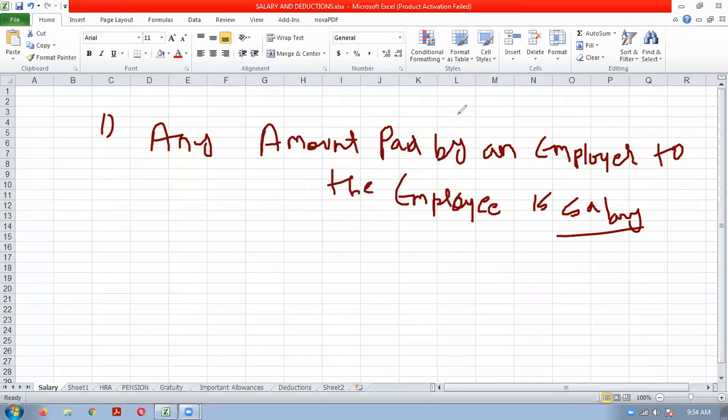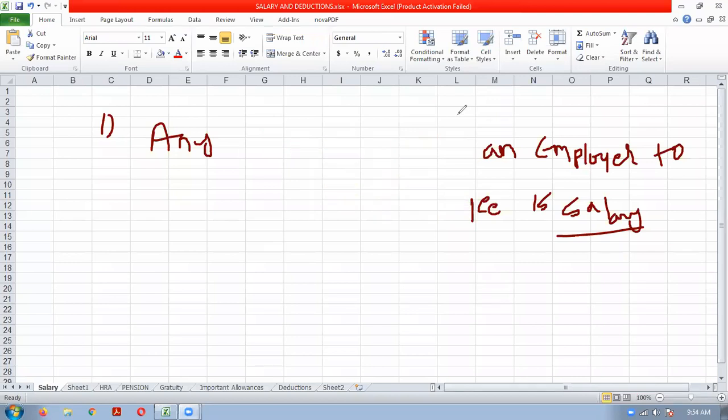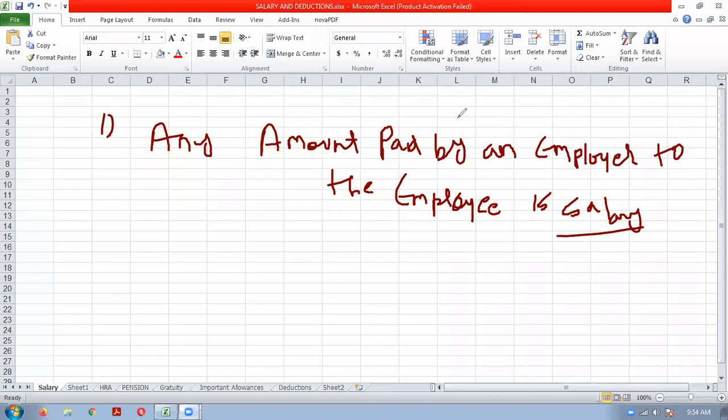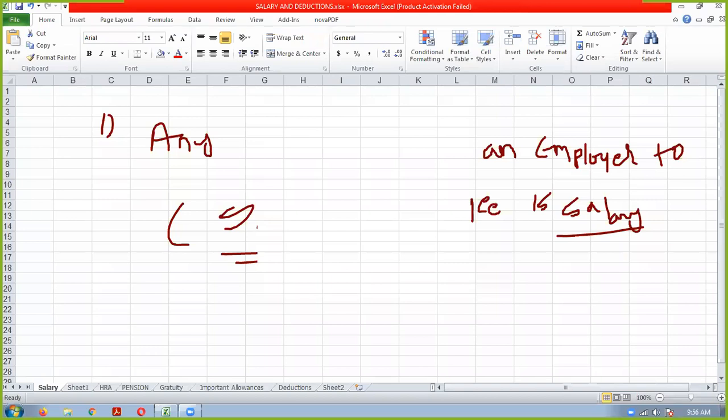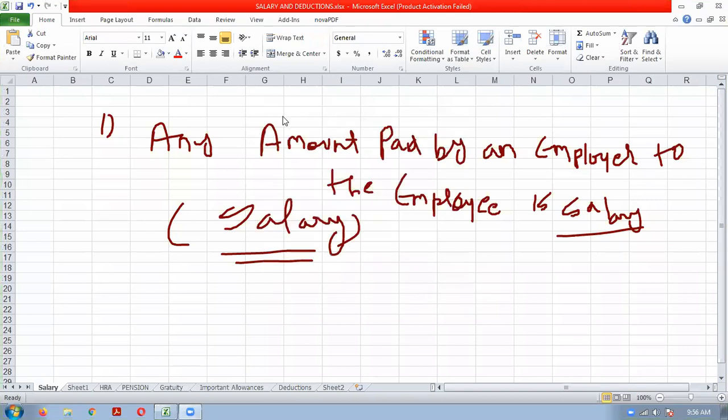Any amount or anything in monetary value, if an employer is paying to an employee, will be called salary.